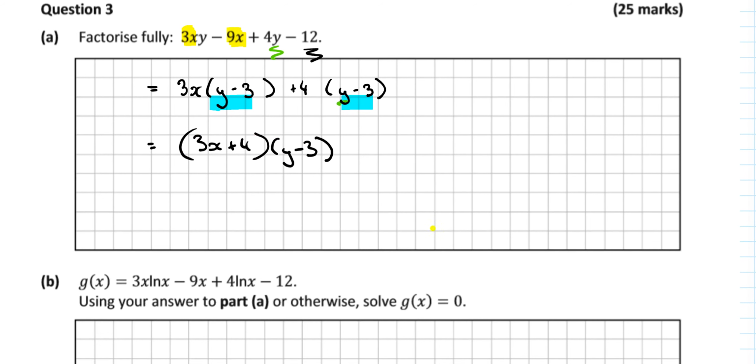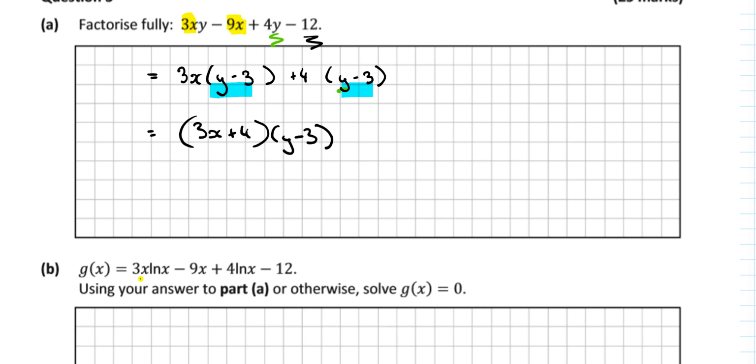Now we use that. So using part A, or otherwise, solve this. But the best way is to use part A, undoubtedly. So you can see that they look very similar: 3x, minus 9x, plus 4, minus 12.